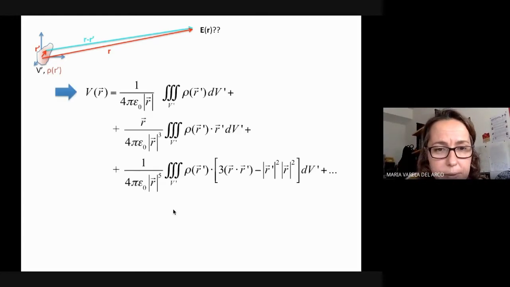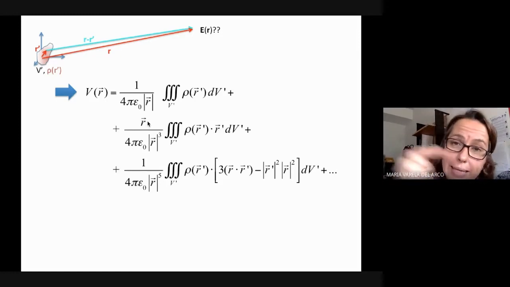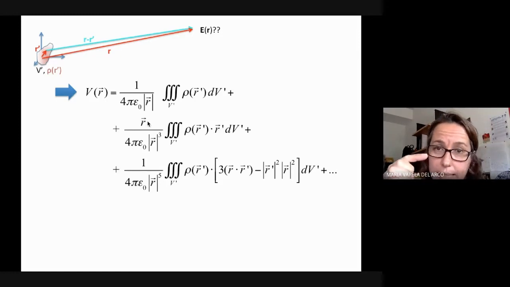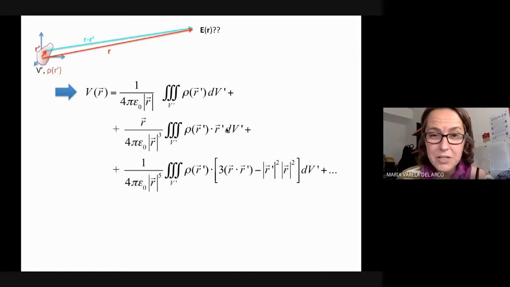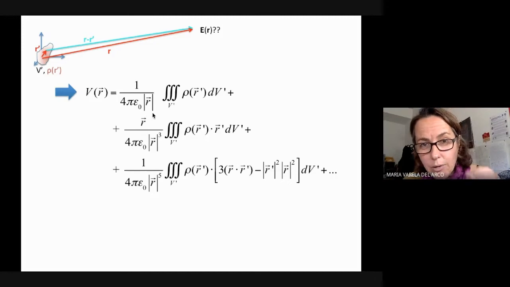Do I have this? Yes, here is my r dot r prime. Now, I took the r out of the integral because the integral is in prime coordinates. Remember, here is my dv prime. So I am doing this calculation for every little differential volume in every possible r prime position within my sources.